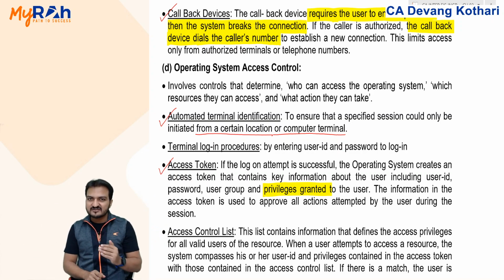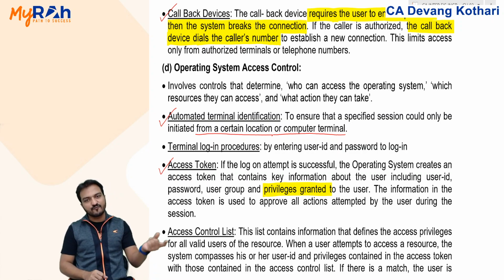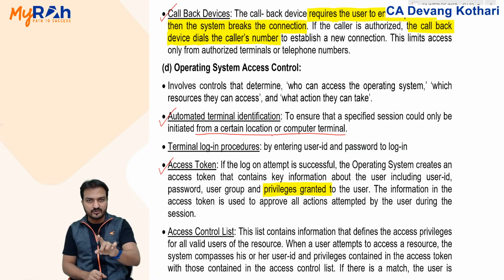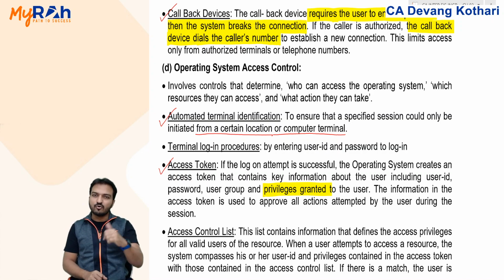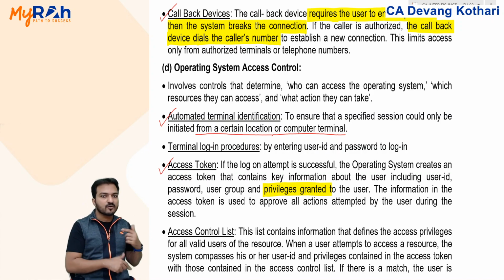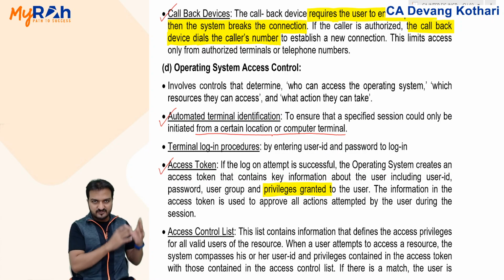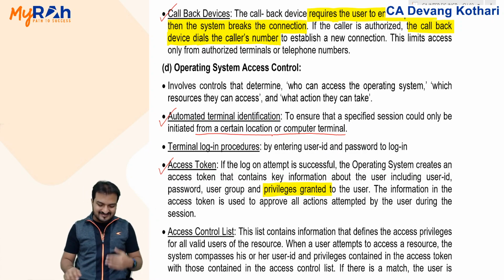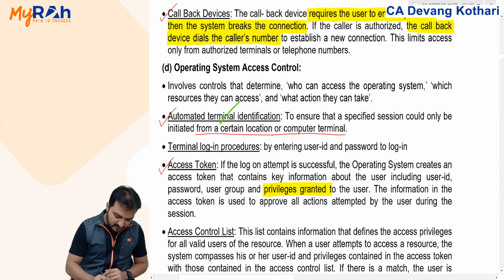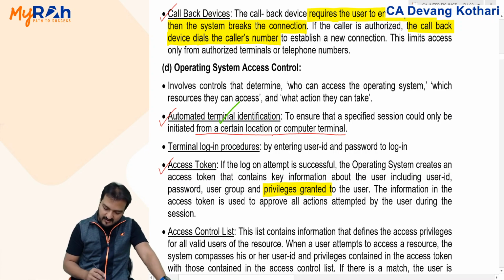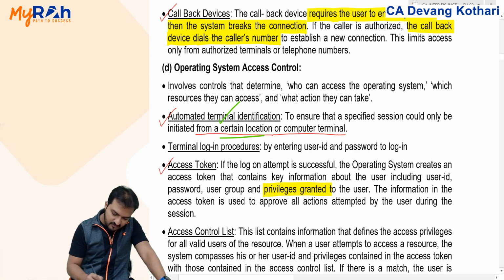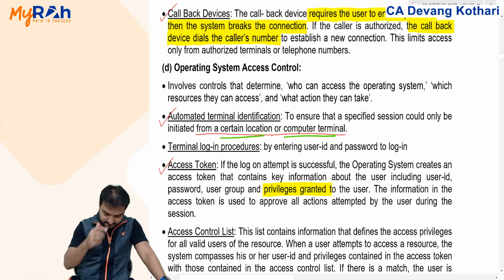If you are a purchase employee, you can access purchase data from your company computer. But if you go home, from your home computer or laptop, can you access the purchase transactions? No, because the server will have terminal identification. Certain transactions can be initiated only from certain locations or certain computer terminals.